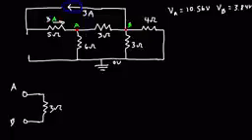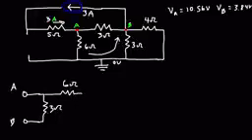So that's one path going from A to B. It could just go through the 3 ohm resistor. Another way it can get to point B from point A is it has to go through the 6 ohm resistor first. So I'm going to draw that here. And then from the 6 ohm resistor, it can go through the 3 ohm resistor, and that'll take it to point B.